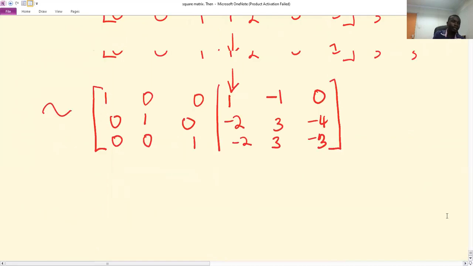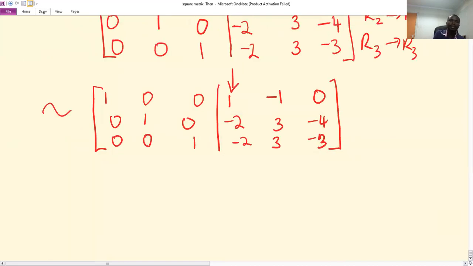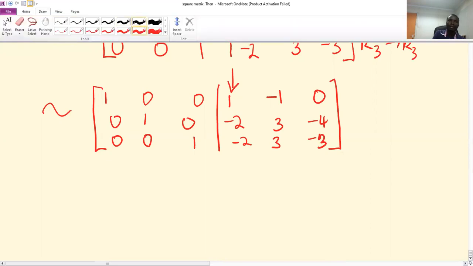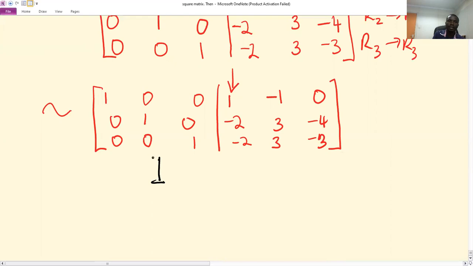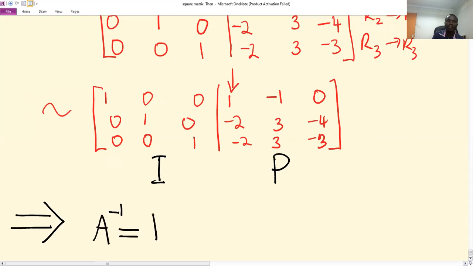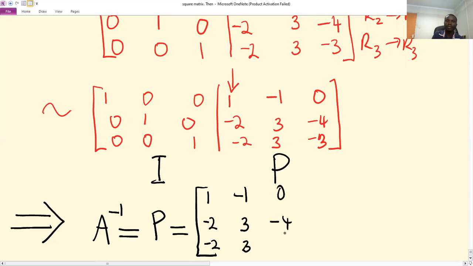So you see this on the left-hand side now, in this final step, this is an identity matrix. And so this is what we are calling P. So this implies that A inverse is the same as P, which is the same as the matrix 1 minus 2 minus 2 minus 1, 3, 3, 0, minus 4, minus 3.